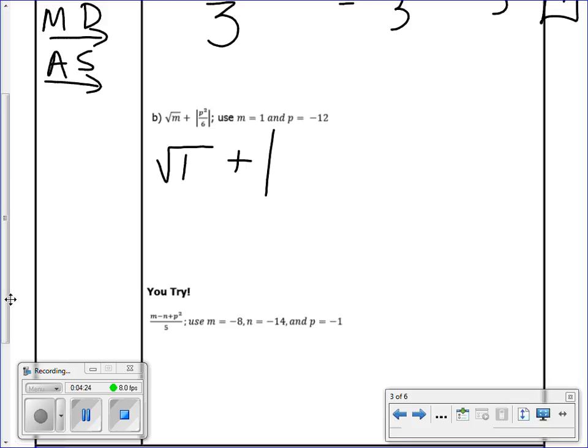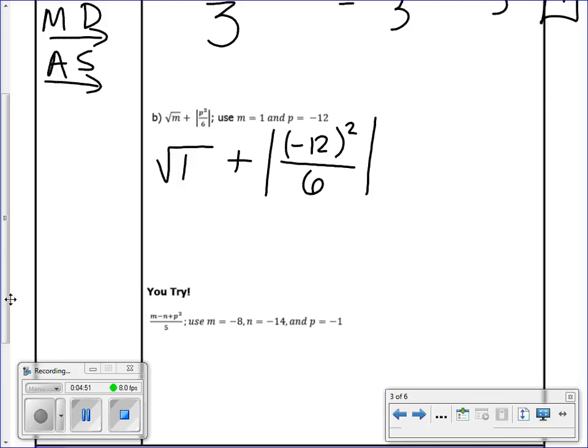Instead of P, I'm putting a negative 12. Now, anytime you insert a negative number, you want to put it in parentheses, especially if you are squaring or cubing something. You must put it in parentheses or you will not get the correct answer. And then we divide by 6, absolute value.